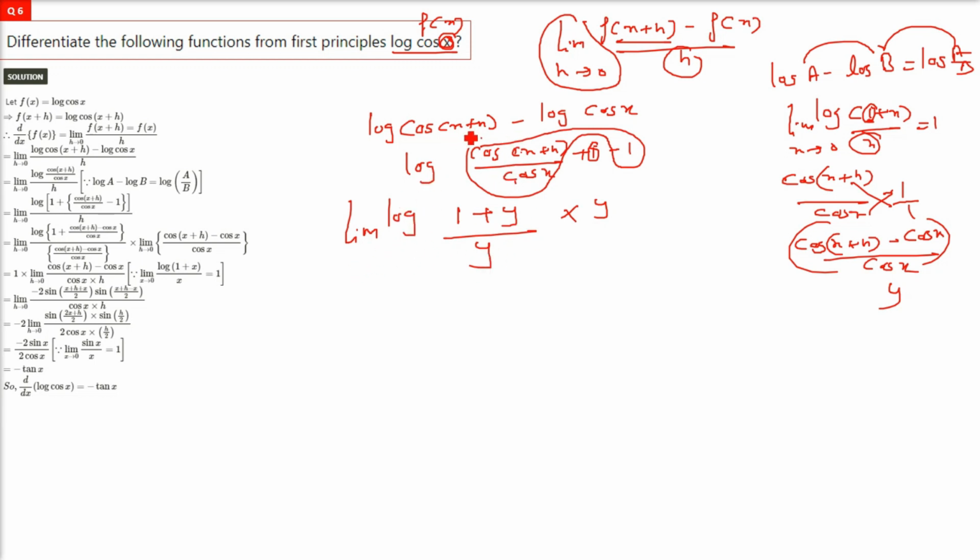We will be doing it in a later question. But here, because this is not that time consuming, log(1 plus y) by y is the whole term which on the right I have written. But log(1 plus y) by y, the limit of this is going to be 1, which I already told you.